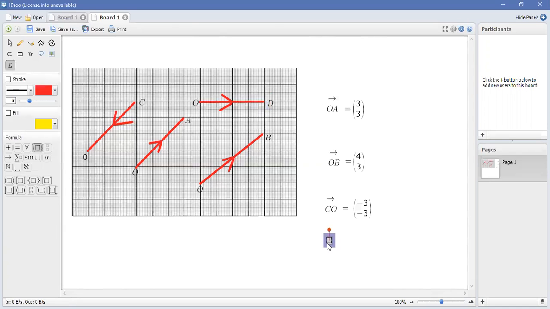OD. OD. Yeah. All right. Hold on there. So we have OD, that is equal to now 4, just 4, so?